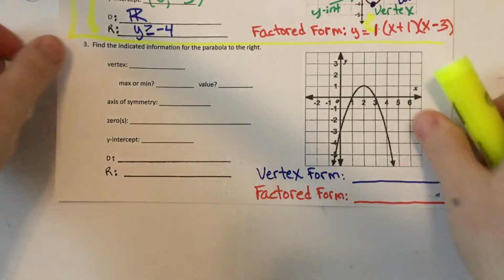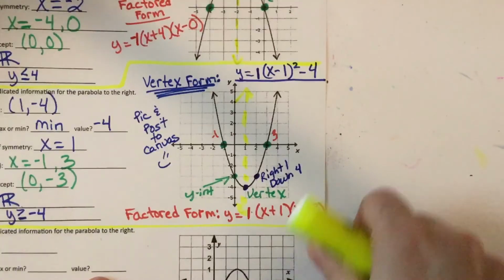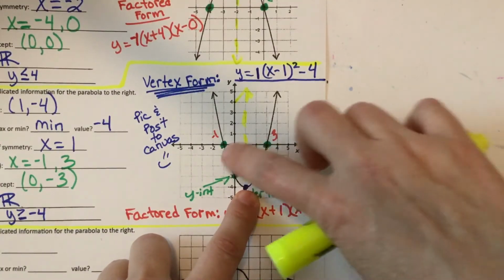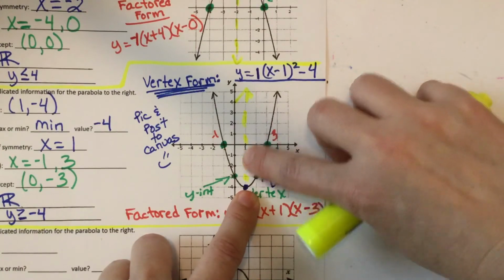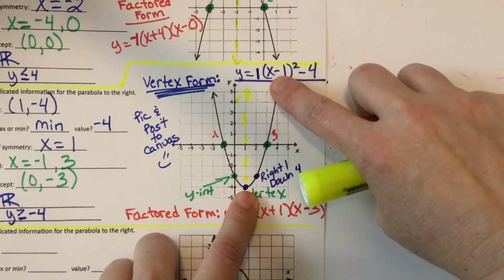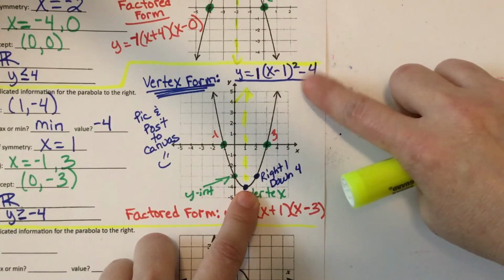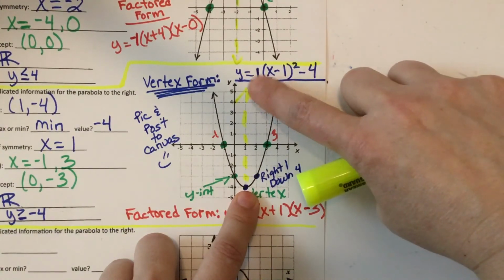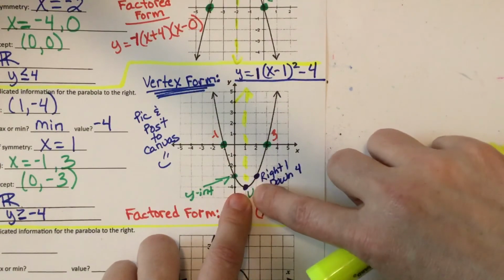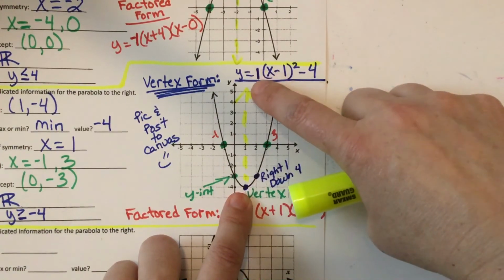So vertex form, just to remind you, that's how the vertex gets to its new location. So like this one went right 1 and down 4. So I had x minus 1 in parentheses for the right one, and I had -4 in the back for the down 4. And then your a value, of course, we had to go right 1 and up 1 to hit the graph, so that's why the a was 1.